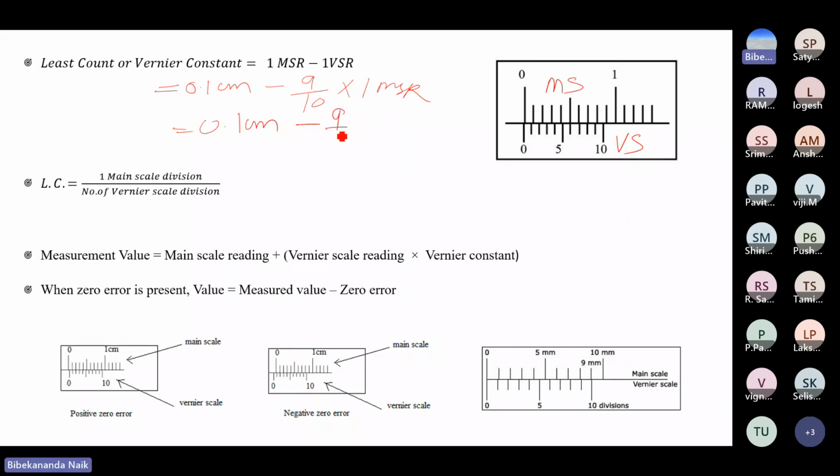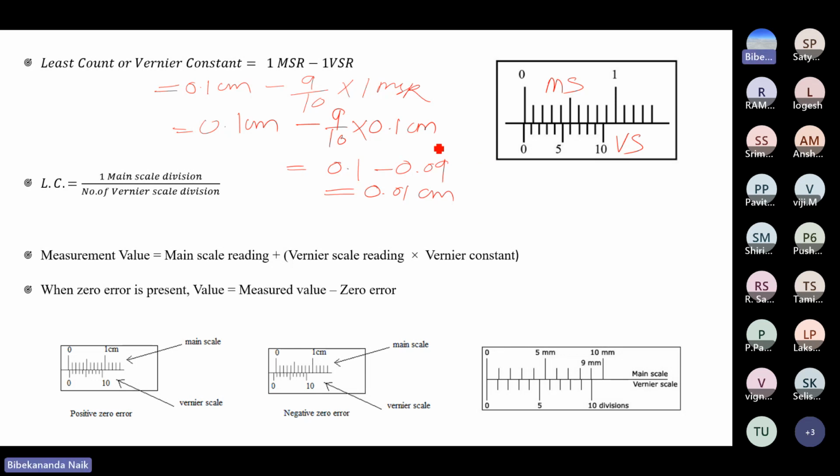So it will be 9 by 10 into 0.1 centimeter. So it will be 0.1 minus 0.09. So it will be 0.01 centimeter.